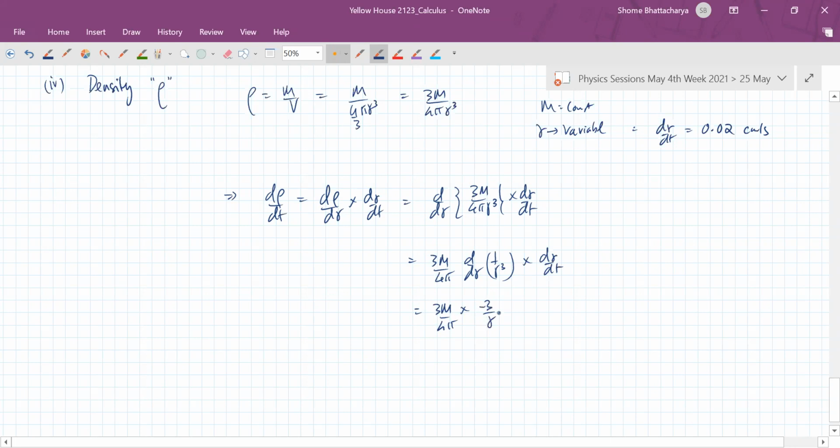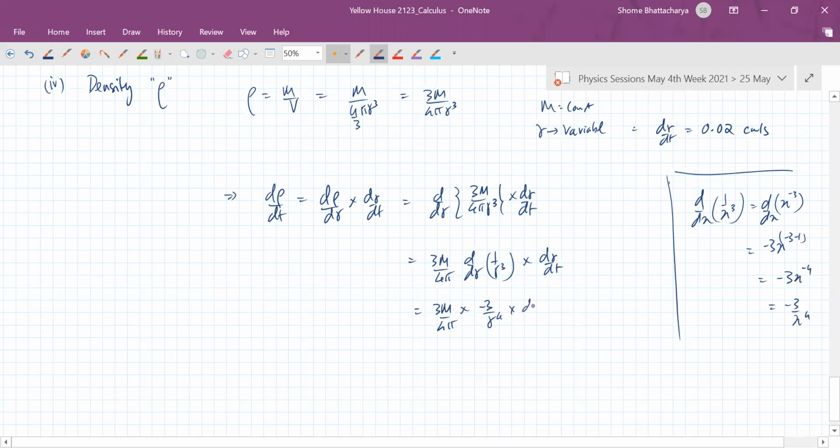Minus 3 by r to the power 4. Differentiation of this kind of term using this formula. So this is the method I've applied over here, into dr by dt. So this is a general formula for the rate of change of density with respect to time. It is minus of 9m by 4 pi r to the power 4 dr by dt.